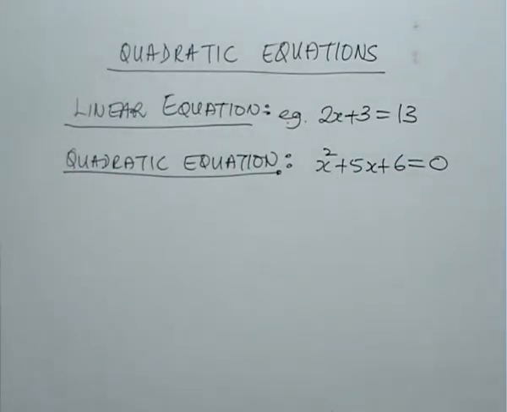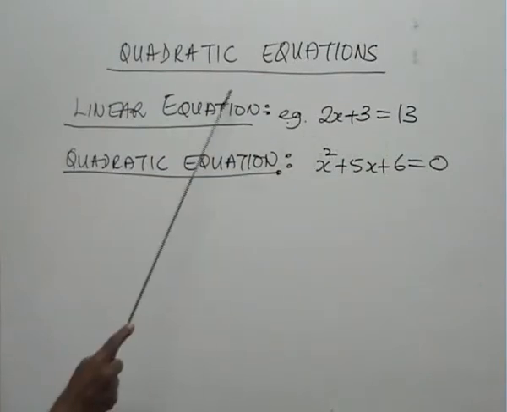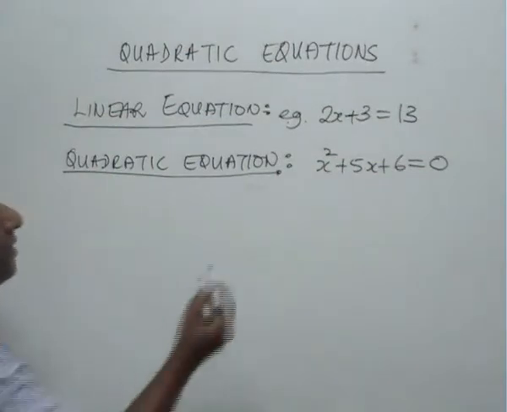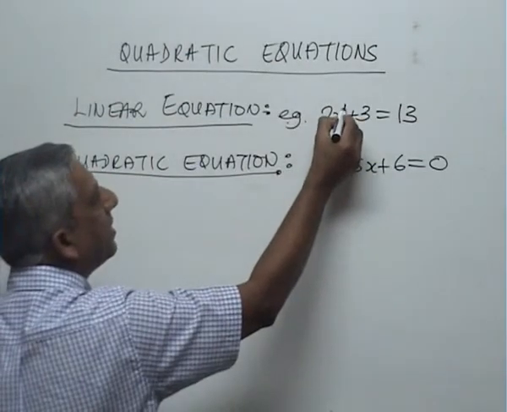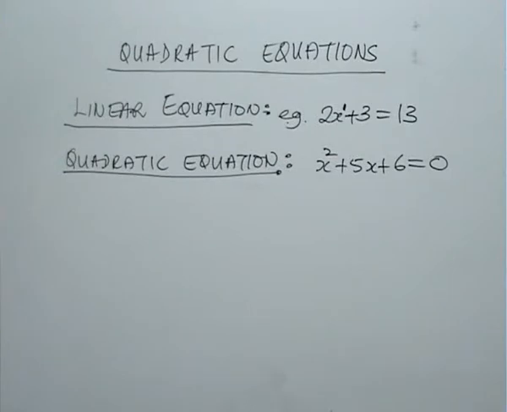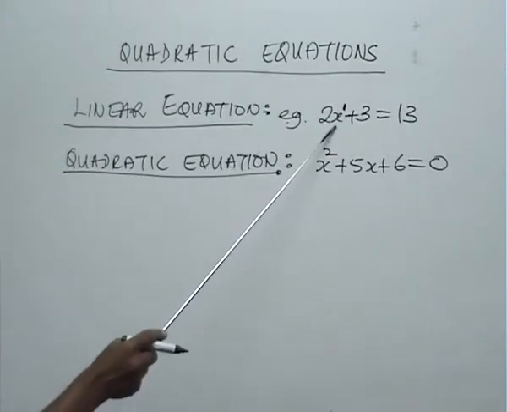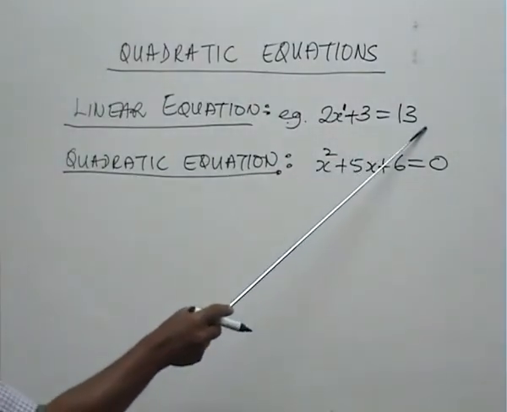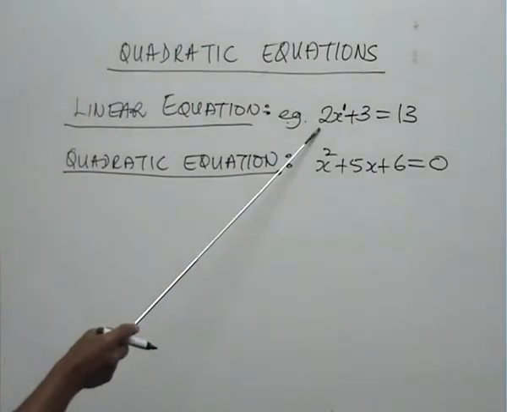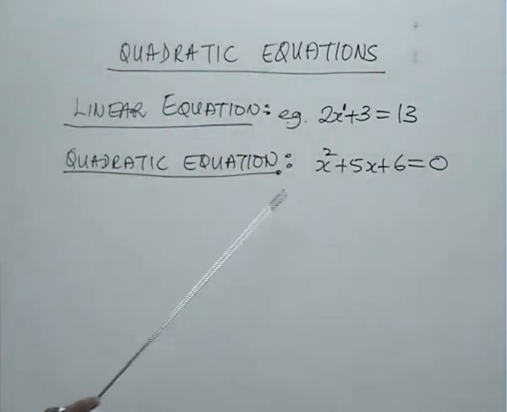So why do we call it quadratic? Well, because there's an index 2 in it. Why do we call it linear? Because there's an index 1 and that 1 of course is understood. So as long as the unknowns have the highest power of 1, then it's a linear equation.